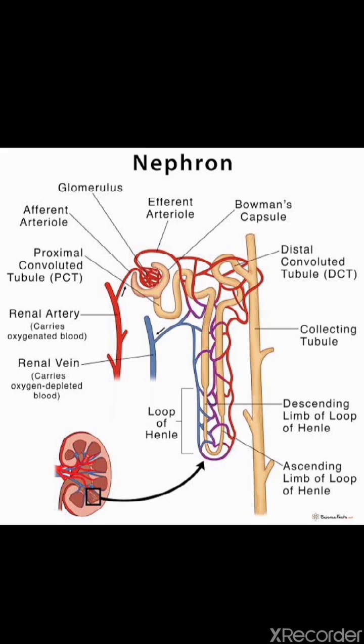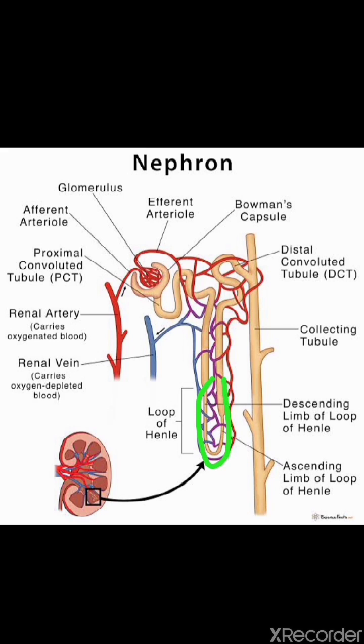After this PCT, next is the middle U-shaped part. Here you can see this U-shaped part, which is known as loop of Henle. It is just like a hairpin. It is not convoluted. It runs in medulla to turn back and to re-enter the cortex to continue into the next convoluted region of the tubule. Is it clear, class?